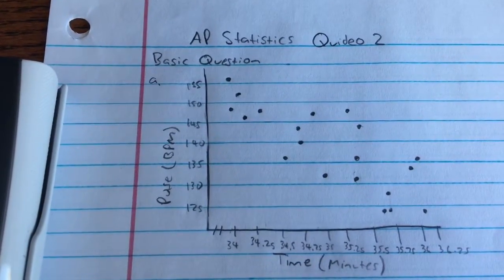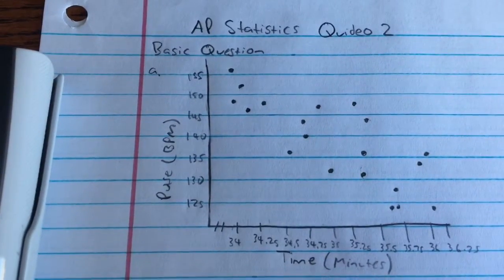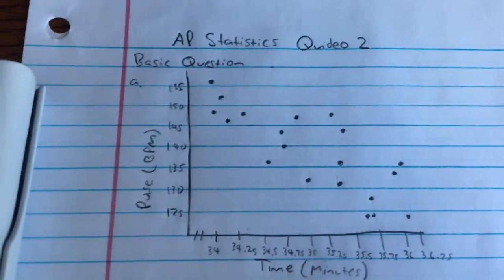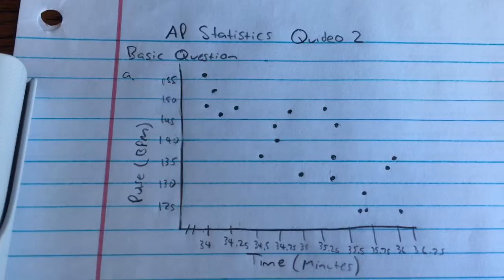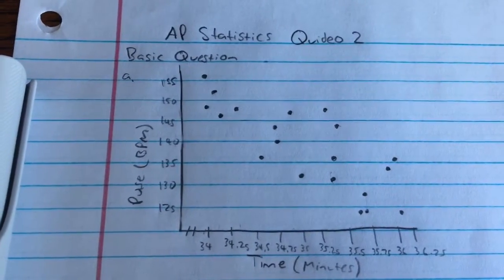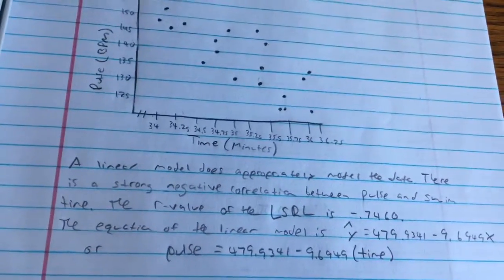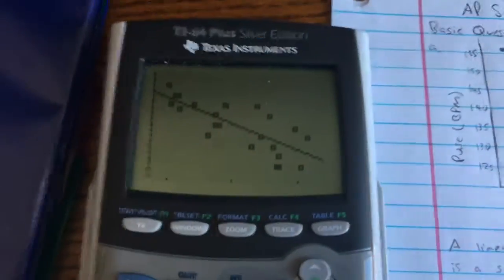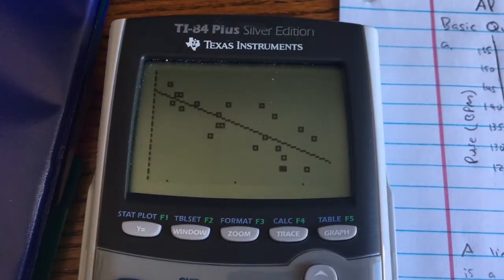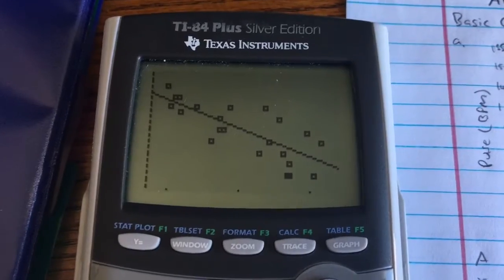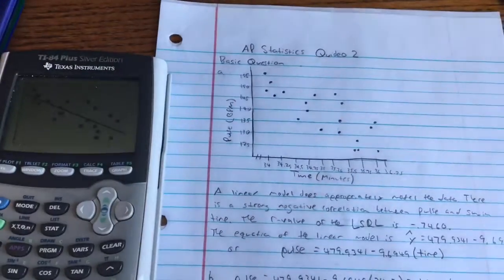As you can see, if he takes a short amount of time, his pulse rate will be higher, and if he spreads out the swim over a longer period, he will have a lower pulse rate. So they're inversely related. We can tell all of that from the equation. And then just to verify, I put the regression line into the calculator, and we can see that it definitely is modeled linearly fairly well.